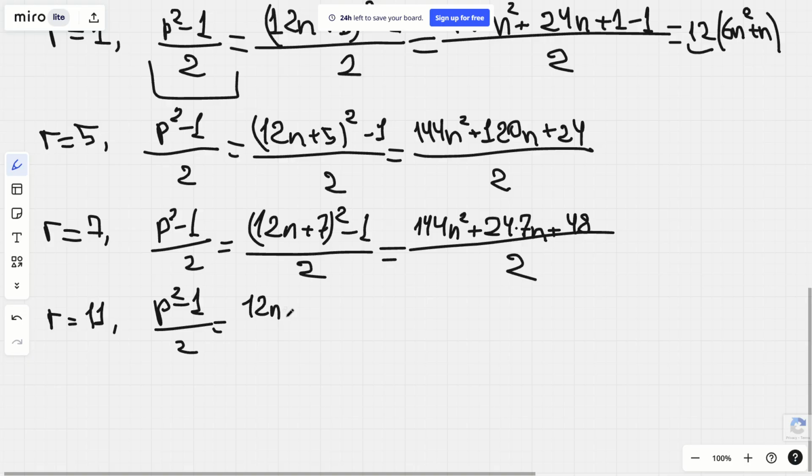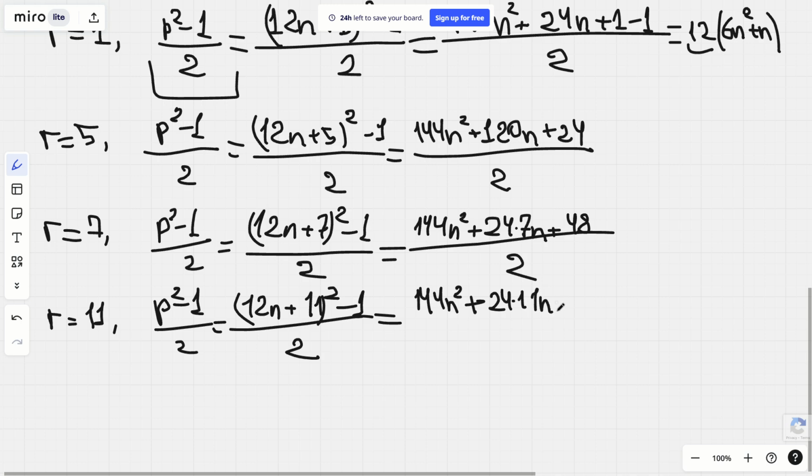We'll have 12n plus 11 all squared minus 1 divided by 2. It will be 144n squared plus 24 times 11n plus 120, divided by 2. And of course this one is also divisible by 12.